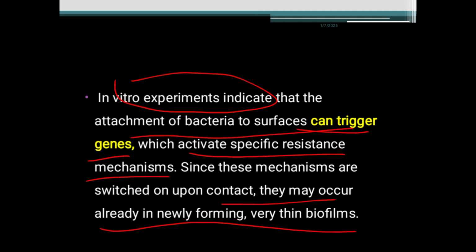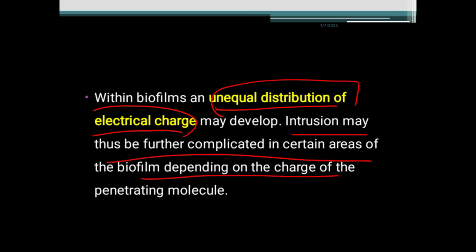When the genes are triggered, the bacteria activate resistance mechanisms and form a new biofilm, and due to the formation of a new thin biofilm on an old biofilm, penetration can become harder. So number one was limited diffusion, number two reduced metabolism, then the triggering of genes, and number four, the unequal distribution of electrical charge.